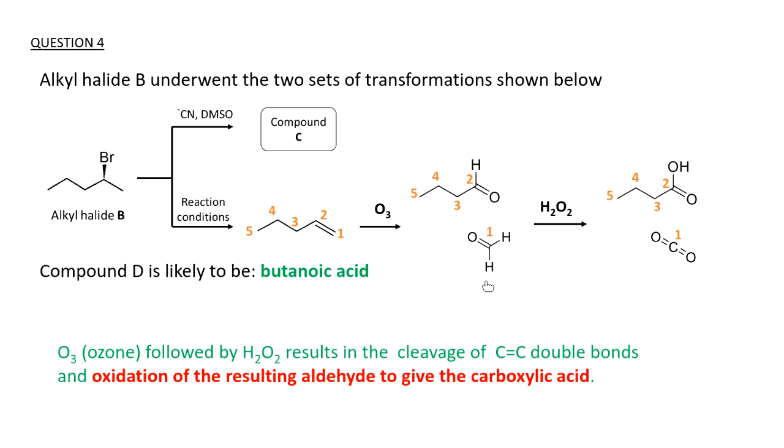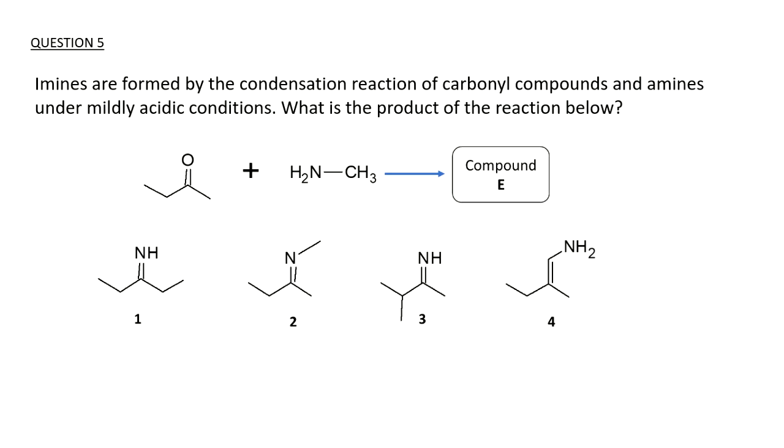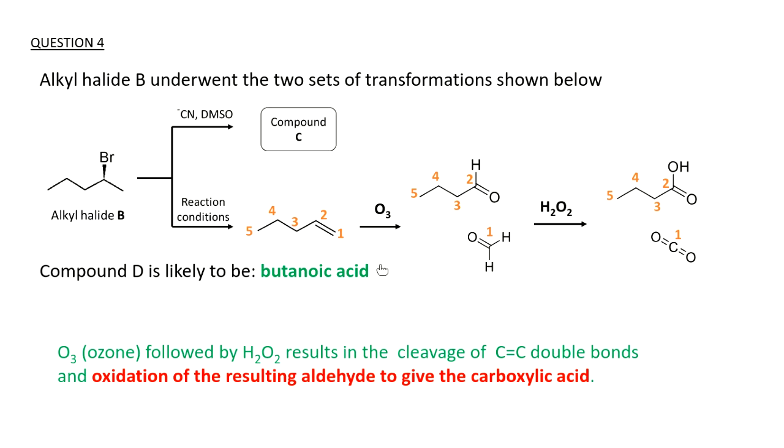When we have methanol, it is further oxidized to carbon dioxide. And so when we have ozone followed by peroxide, this will give us a carboxylic acid and CO2. So based on the options that were given, it means that the answer would likely be butanoic acid.